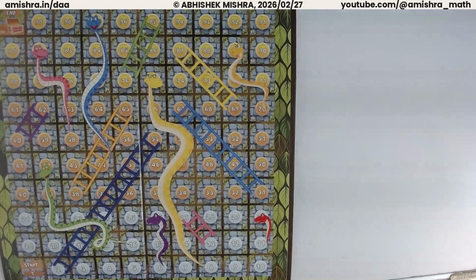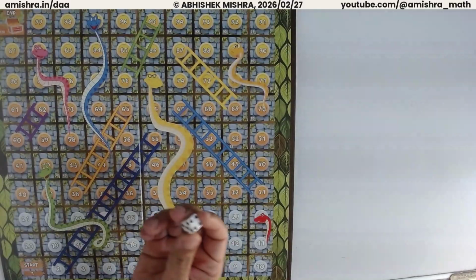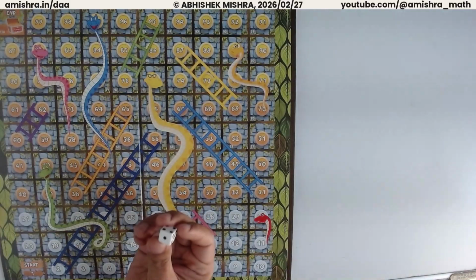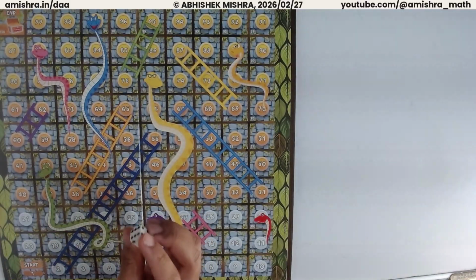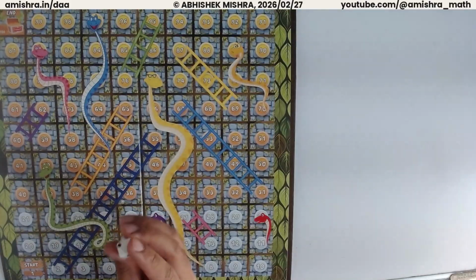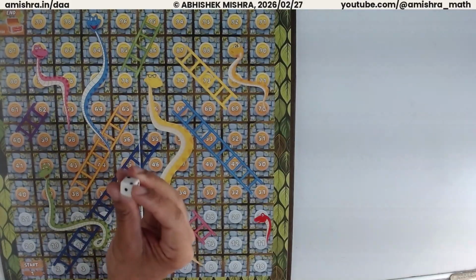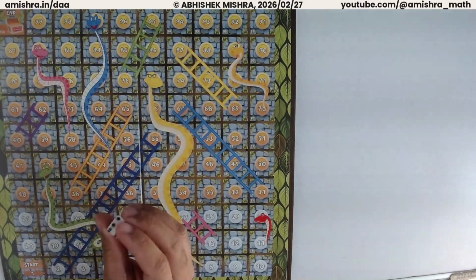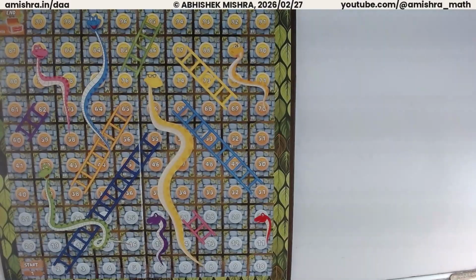So this is a very well-known game, and here we have a dice, and it has 6 numbers from 1 to 6. So we throw this dice, and whatever number is shown, we jump.